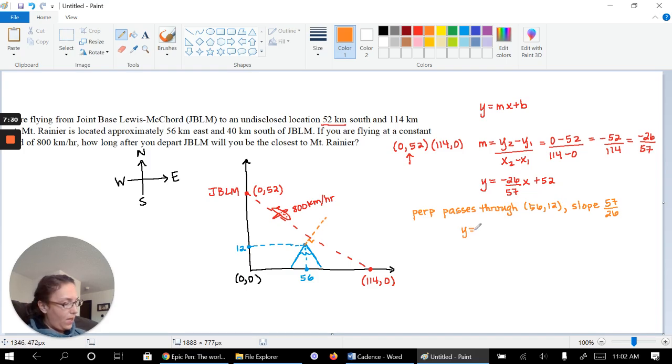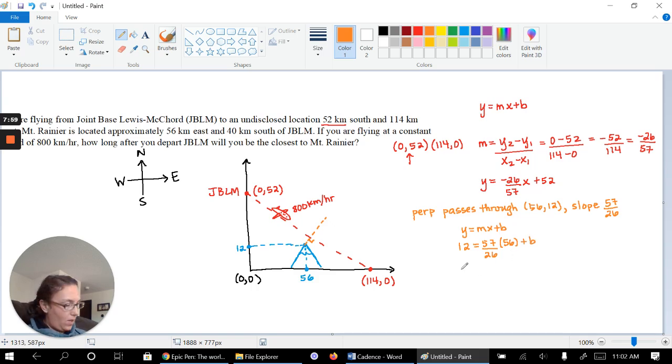So using y equals mx plus b again, we are going to replace y with 12, m with 57 over 26, and x with 56. So 12 equals 57 over 26 times 56 plus b. And then we need to solve for b.